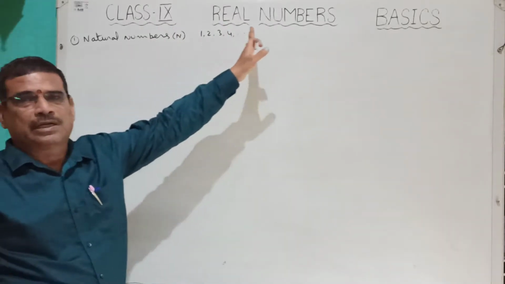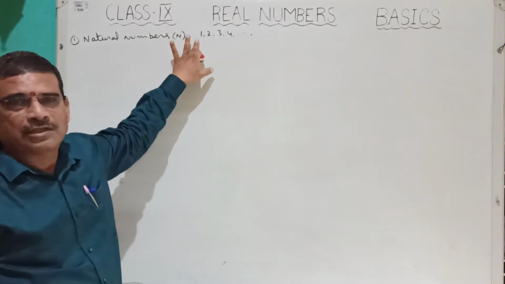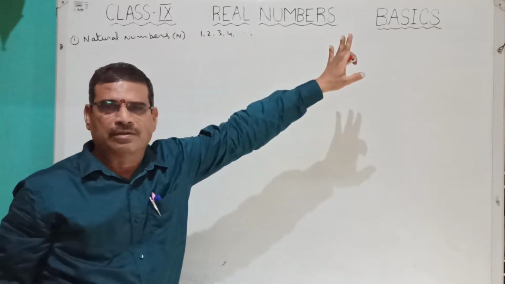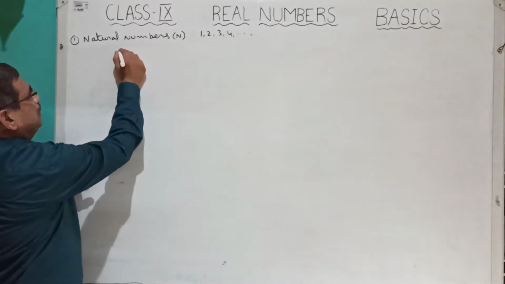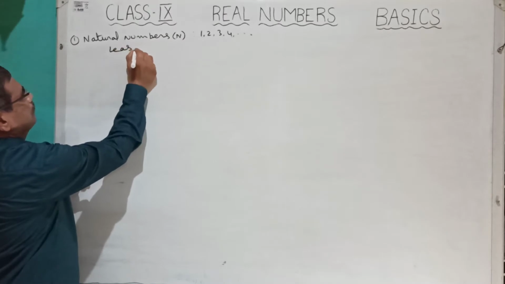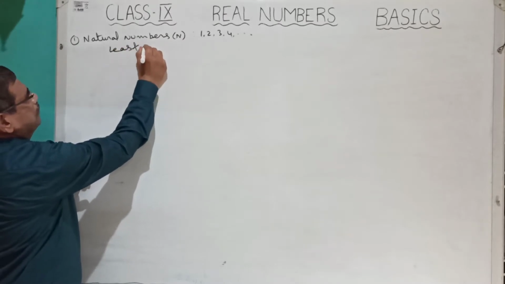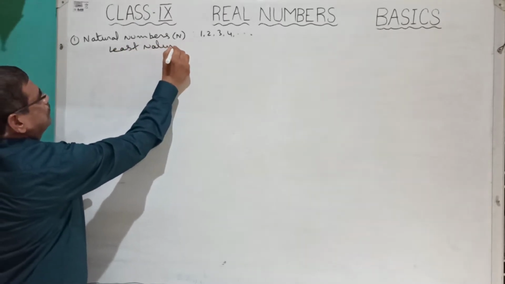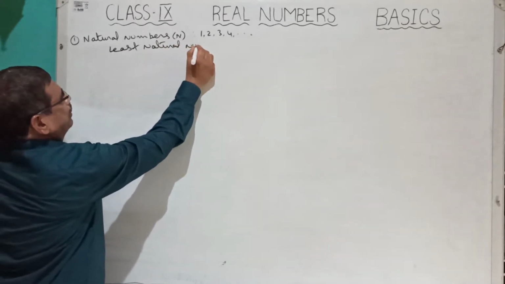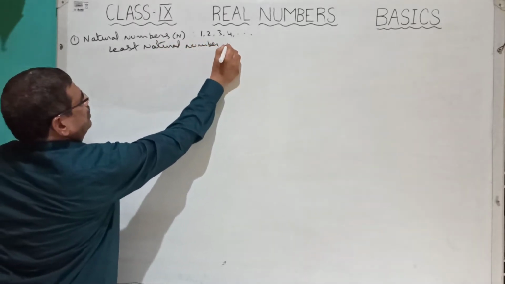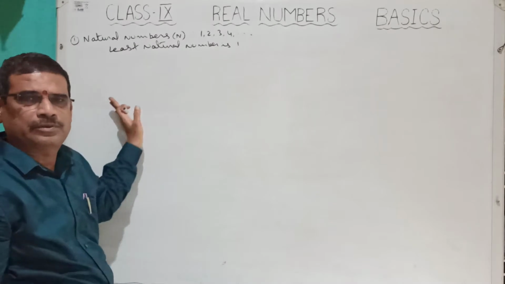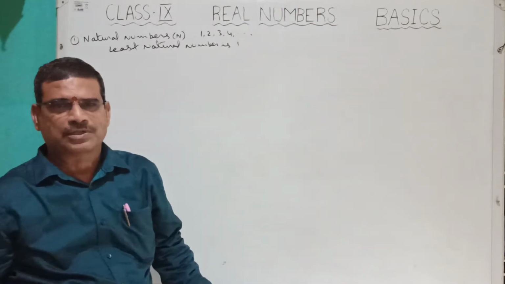See here, the starting number is there, but there is no ending number. So the least natural number is 1. There is no ending number for natural numbers.